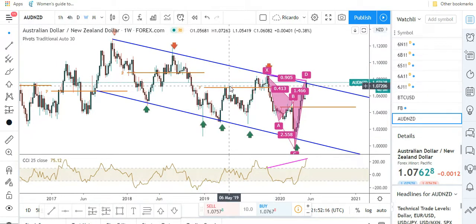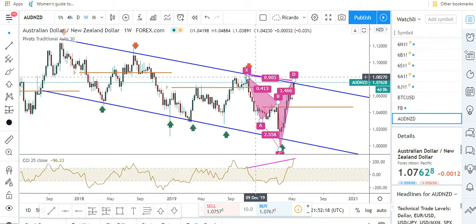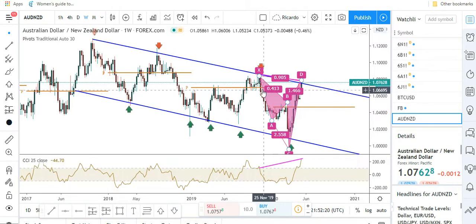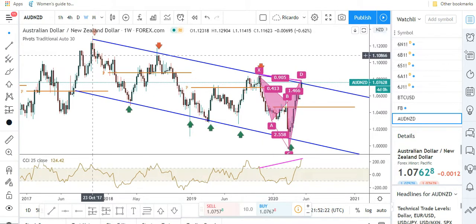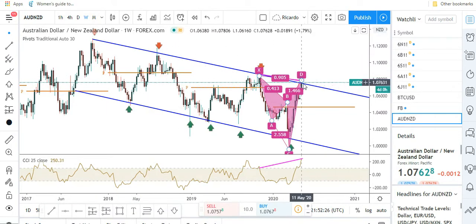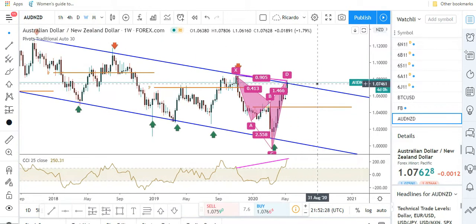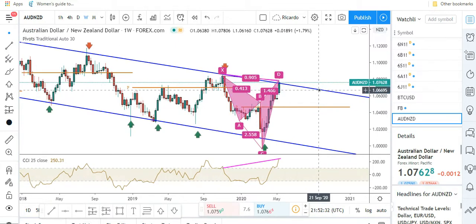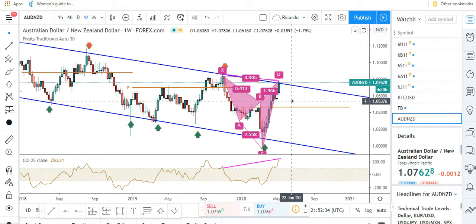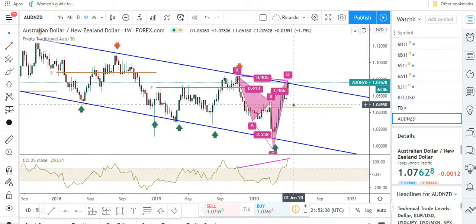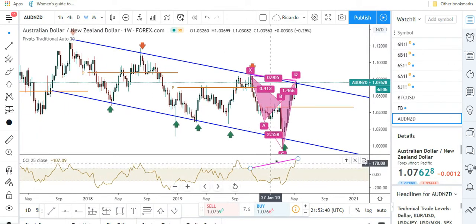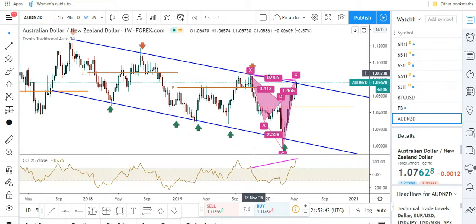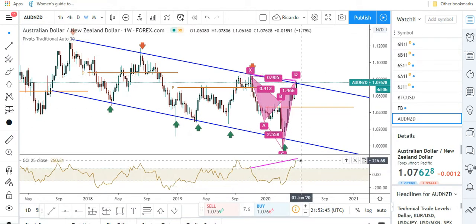So let's see right here. We're at resistance in a channel that has been in play from October of 2017. So that's one reason for the market to go down. Second reason is that we have the harmonic pattern forming. Third reason, we have divergence, and price is disagreeing with momentum.